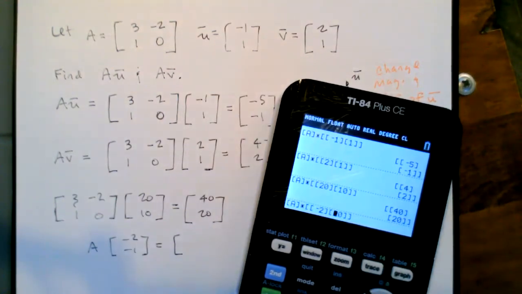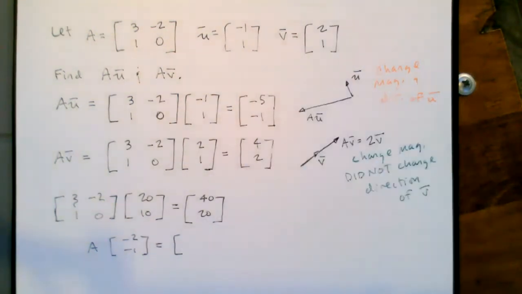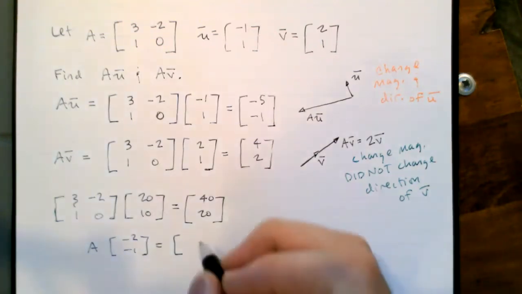Pretty good guess. So the interesting thing that happens here, now the scaling business is not that interesting because matrix multiplication is a linear transformation, and linear transformations respect linear combinations. The interesting thing is that the output is in the same direction as the input.